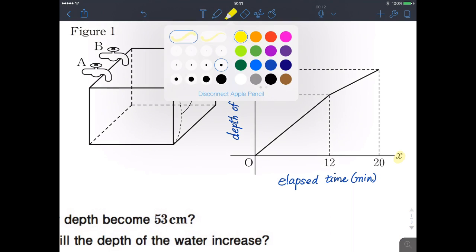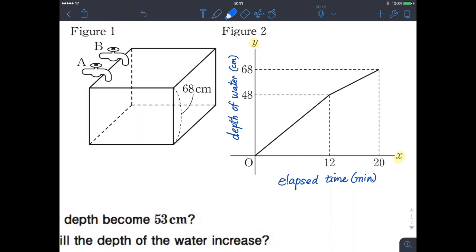Okay, so the problem tells us at time 0, we turn on both pipes. So we have pipe A and B, and water is coming out. As the water goes into the tank, it slowly begins to fill. So we can show that here. And as time goes by, the depth of the water increases.